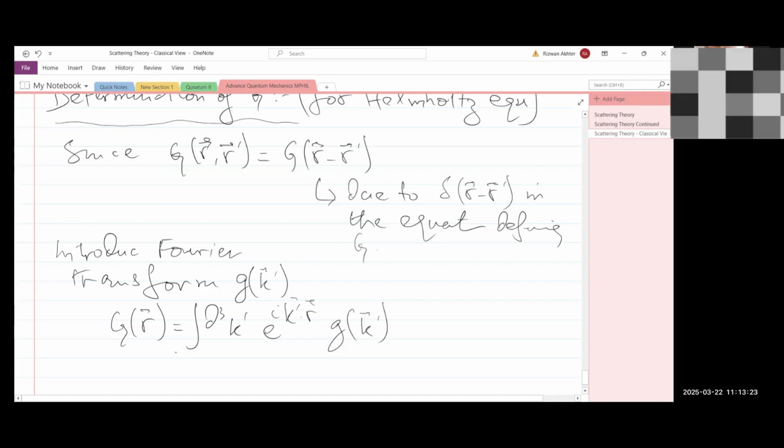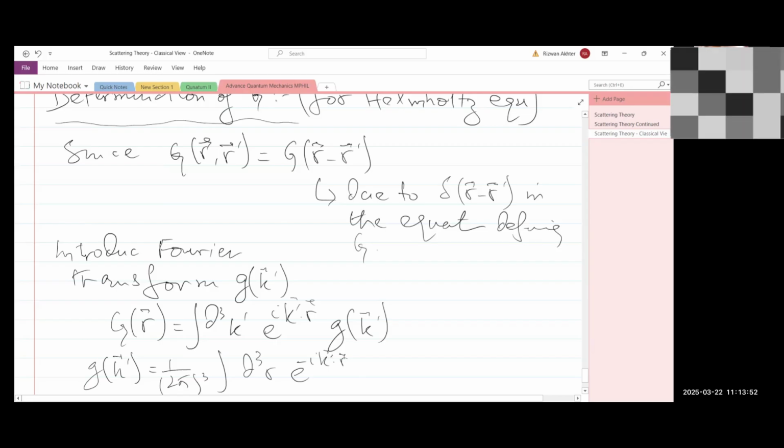And we can also have the inverse of this. So g of k prime, which would be the inverse of this Fourier transform, would be 1 over 2 pi the whole cube, integral d3r e to the power minus iota k prime dot r times g of r.